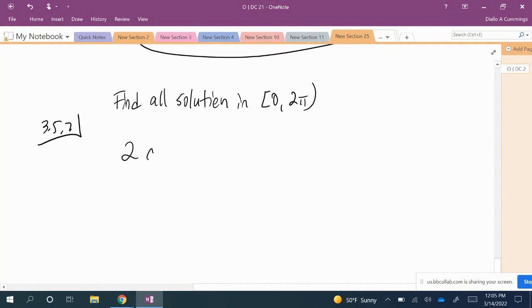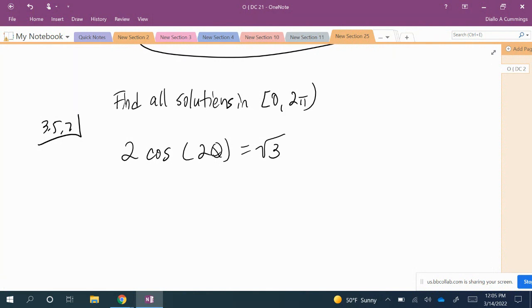And we have 2 cosine 2 theta is equal to the square root of 3. All right. So find all solutions in the interval from 0 to 2 pi, and we have 2 times the cosine of 2 theta is equal to the square root of 3.